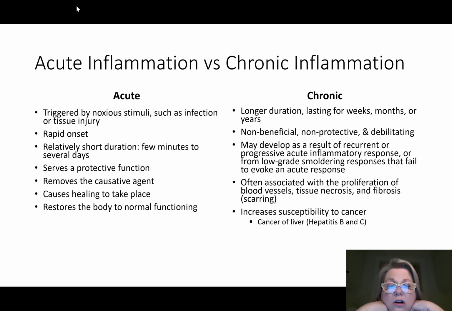But anything that's chronic, what are some examples of chronic inflammation? Arthritis. Colitis can be something like, I have acute inflammation colitis. Now I don't have it all the time. Something that's more a chronic inflammation in the GI tract would probably be Crohn's disease.